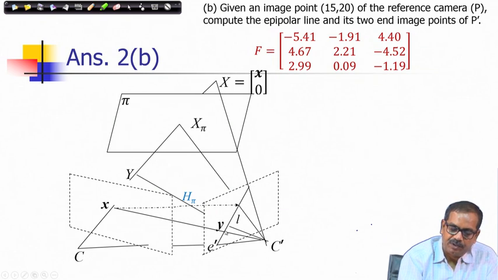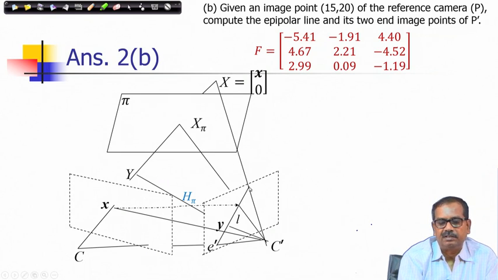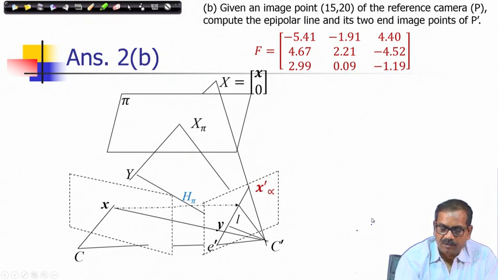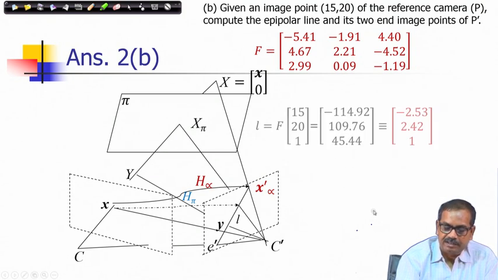You have a very finite representation of the epipolar line. At one end there would be the right epipole, and at the other end there will be the image point corresponding to the scene point lying on the plane at infinity. This is what we sometimes represent in this notation also, and this diagram is explaining this part.